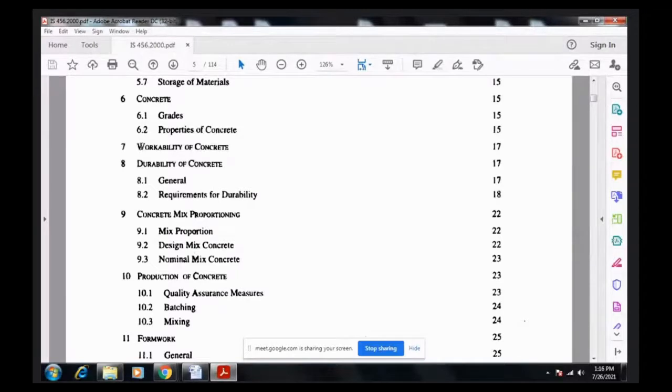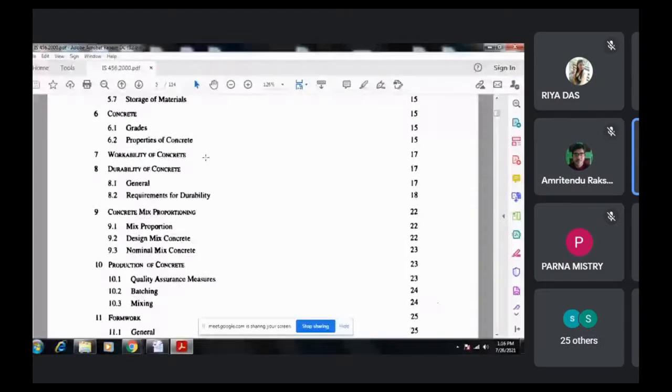Now, this workability. Why is workability important? Do you know why? Workability means the flow of concrete. When you are pressing the concrete, then it is compacted, and after that the concrete is cured with water, and you finally get the design you want.